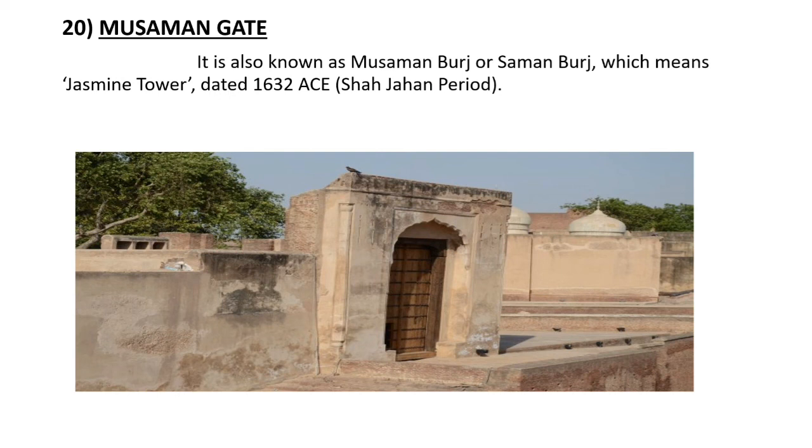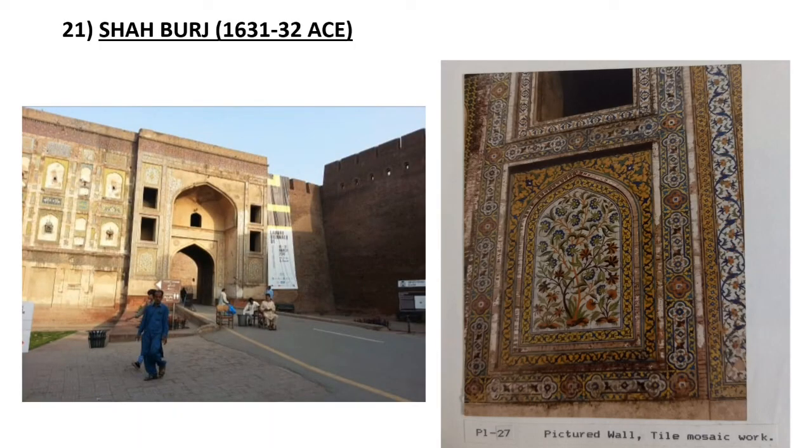Dear students, on the left side is the Shah Burj gateway, the monumental gateway used to go in or out by the royal figures, constructed in the time of King Shah Jahan during 1631-32, and an inscription says that Mamur Khan was the engineer, ordered by King Shah Jahan to supervise the construction activities.